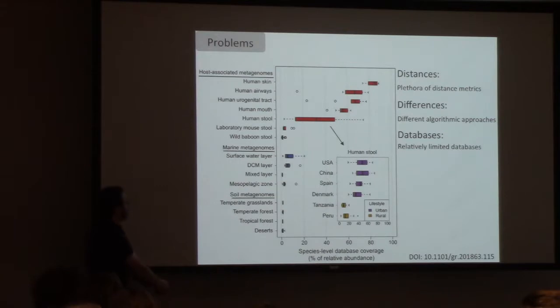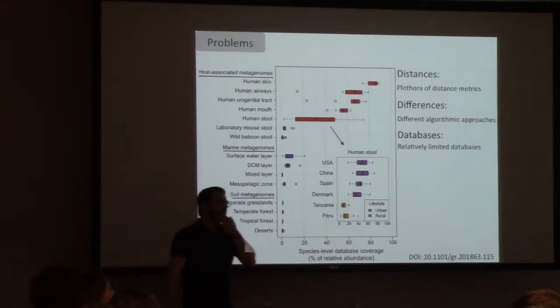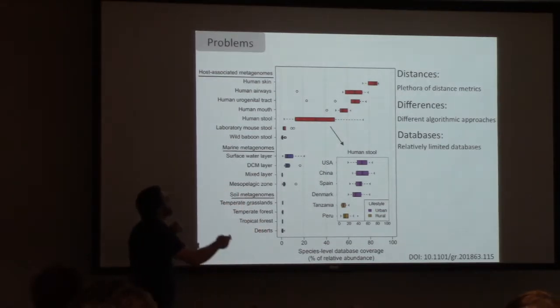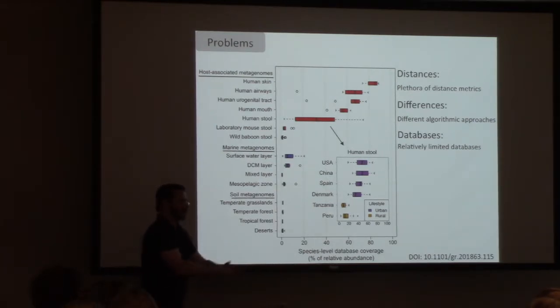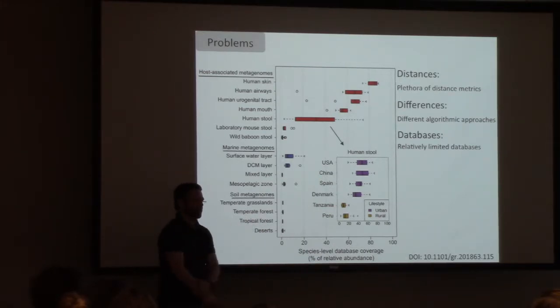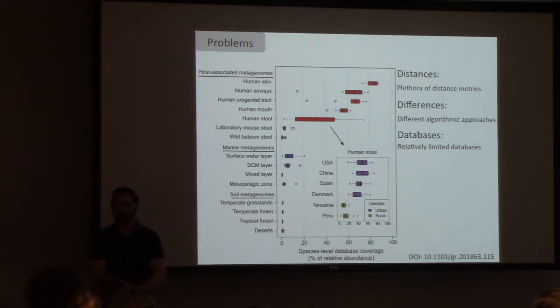And then you go over here to all these soil metagenomes, and you can see they're down in the low 1%. So this is roughly the fraction of the sample that could be confidently identified as something that was in the database. So 20% was not. Right, so this says 20% unknown, basically.